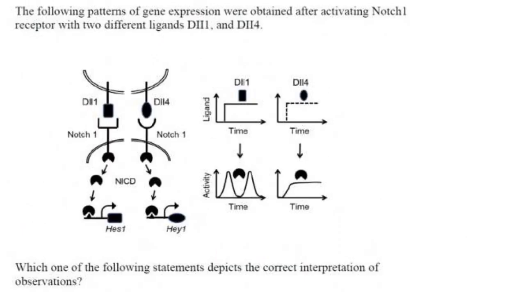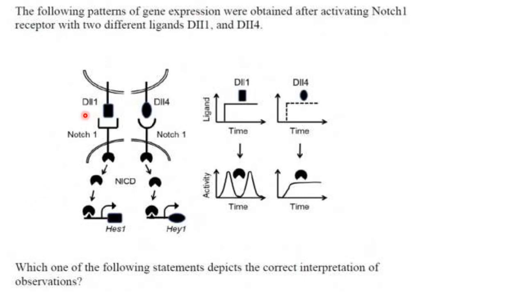The next one. The following patterns of gene expression were obtained after activating the Notch1 receptor with two different ligands, D21 and D24. The following statements depict the correct interpretation of the observation. Okay.